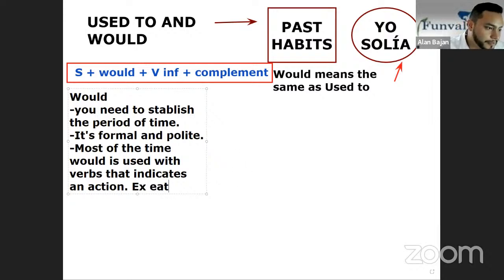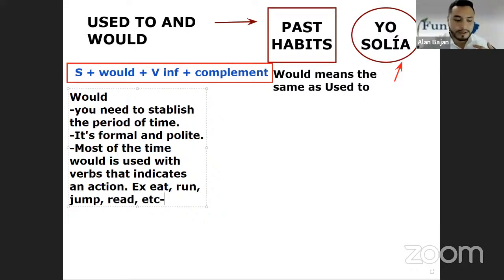For example, run. For example, jump. For example, read, etc. ¿Qué es un verbo que indica una acción? Algo que es un verbo donde yo hago algo. Exactamente, me involucro, es algo físico. ¿Sí? That's an action verb.